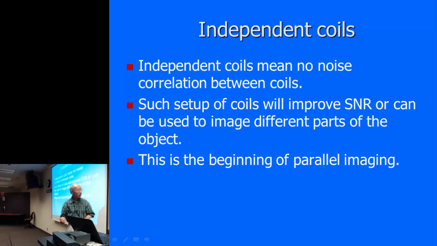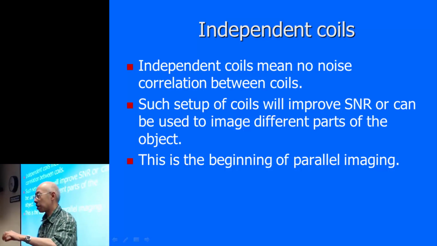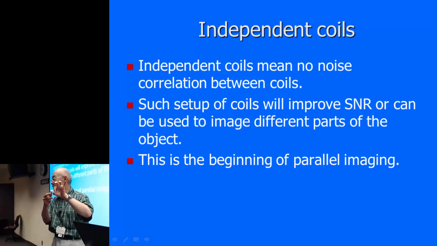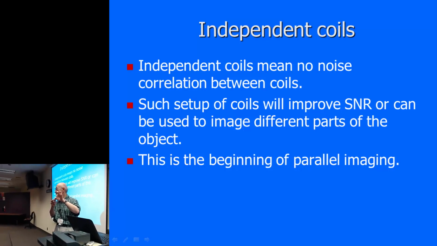Generally speaking, if you remember the solution of the field from freshman physics, if you have a single loop coil and you ask what's the field at the center of this coil, you may remember that the field at the center is equal to mu naught I divided by 2R.